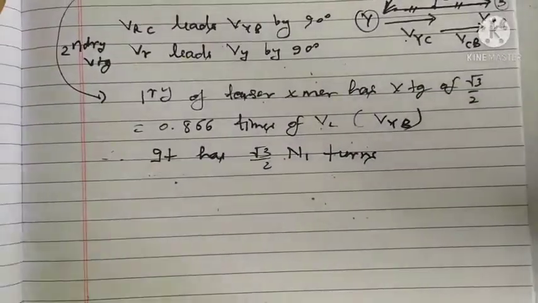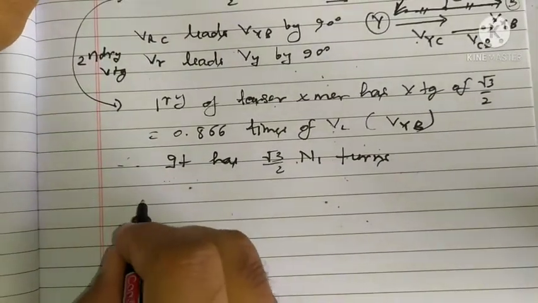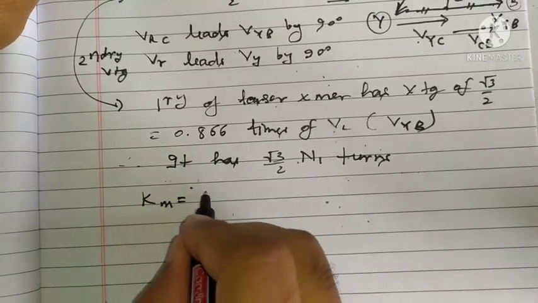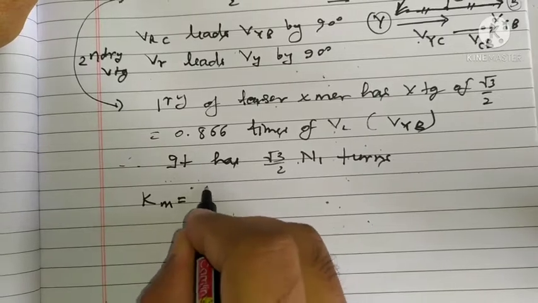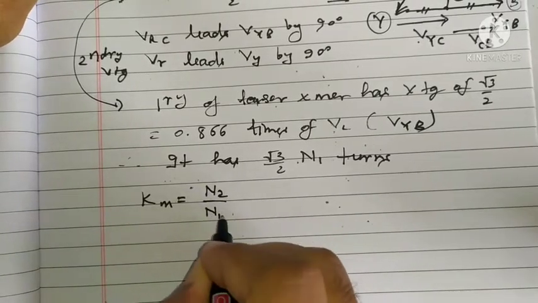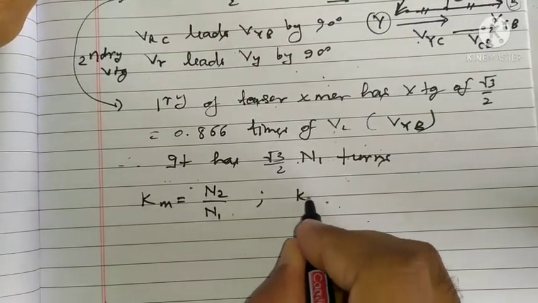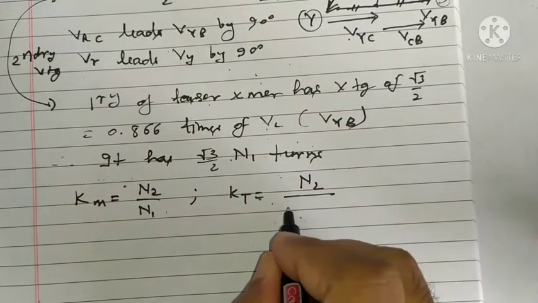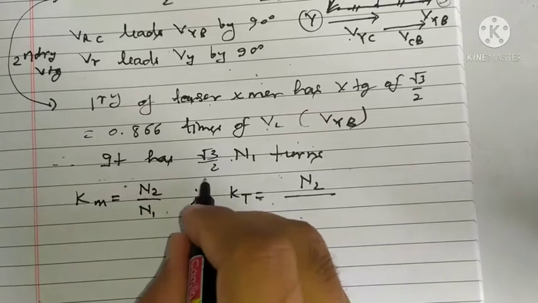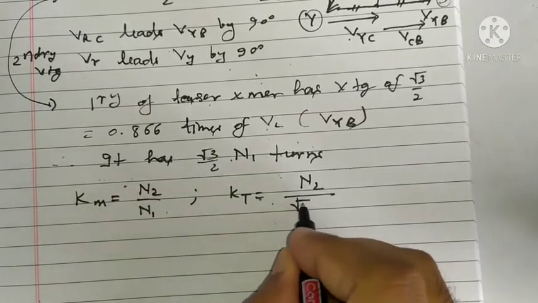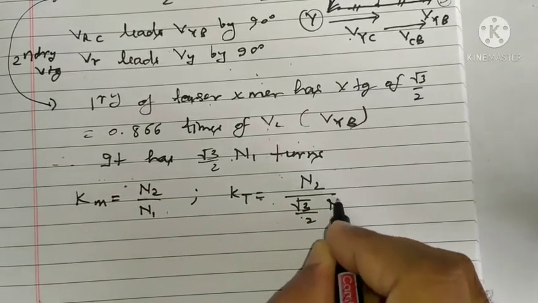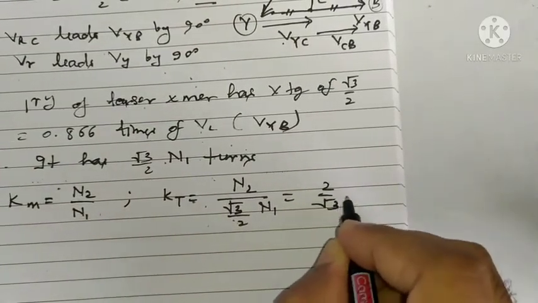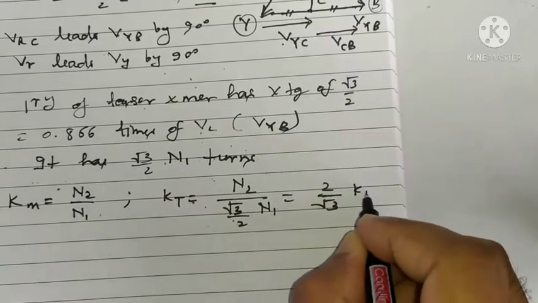Along with this, I can write the transformation ratio. For the main transformer, Km will be N2 by N1, and for the teaser transformer, Kt will be N2 by N1, but instead of N1 it has root 3 by 2 N1 turns, so it will be written as 2 by root 3 times N2 by N1, and N2 by N1 is Km.